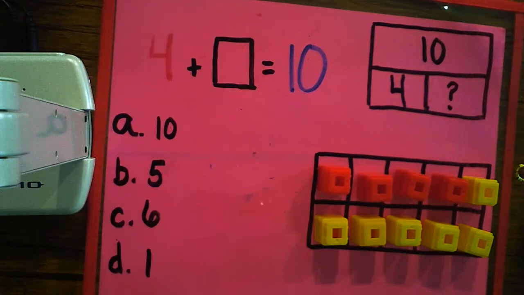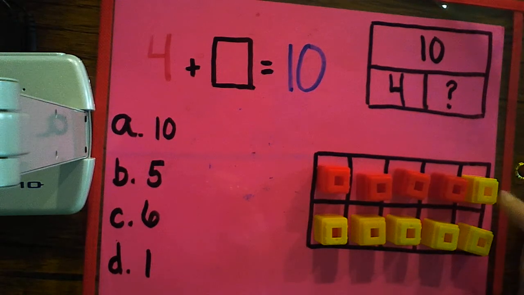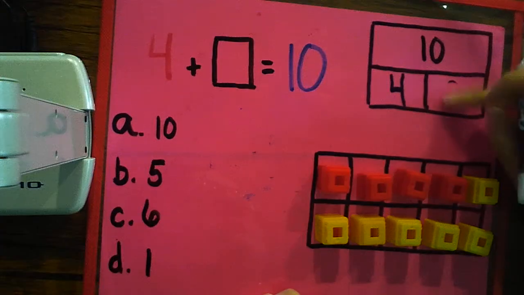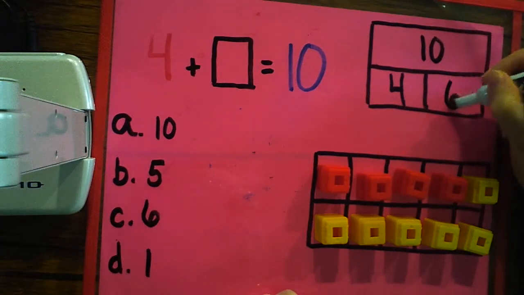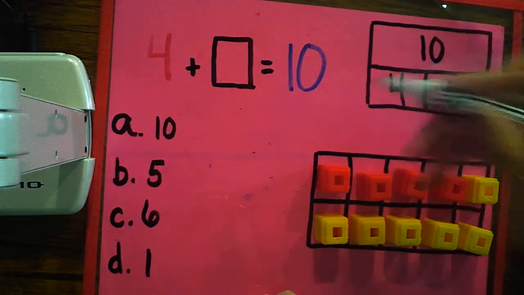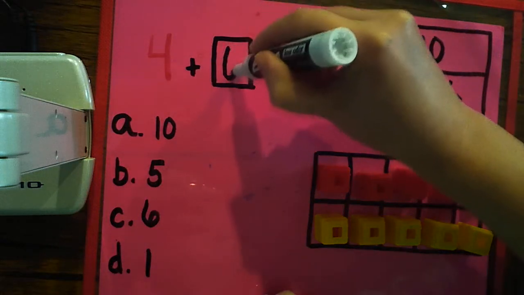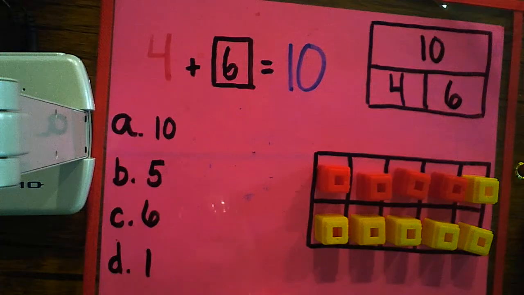That's my missing addend or my missing part or my unknown. So I'm going to count up how many cubes I added on. 1, 2, 3, 4, 5, 6. I added on 6 cubes. So my missing part that goes with 4 to help me make 10 is 6. So my missing part or my unknown or missing addend is 6.